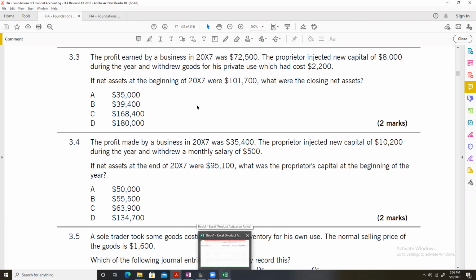Now in this question 3.3, we are required to calculate the closing net assets. When we talk about net assets, what are net assets? Net assets are actually the capital of the business, the owner's equity. Why?